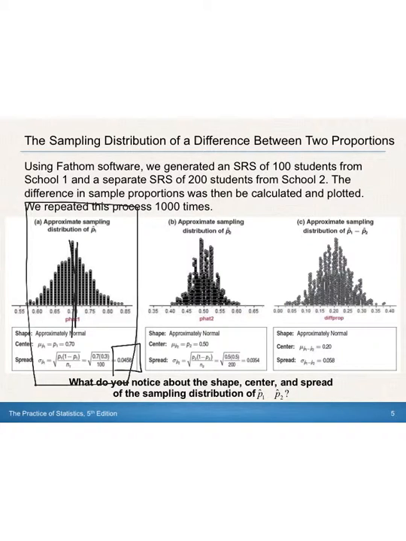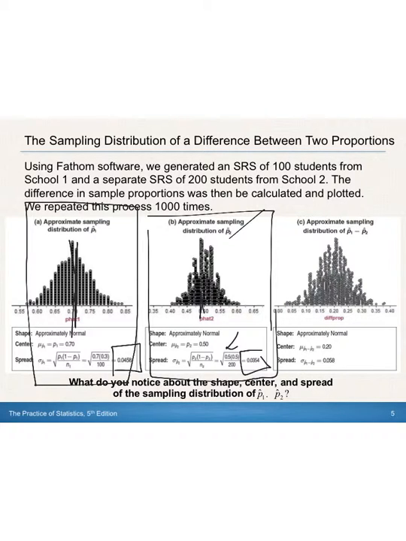Then we look at the sampling distribution of p hat 2, which was 200 students. As opposed to the simulations we've done in class, these are computer simulations that can do lots and lots of simulations. After they've done lots of different ways that p hat 2 could work out, the center is right at 0.5, and our standard deviation, using our formula, is 0.0354.